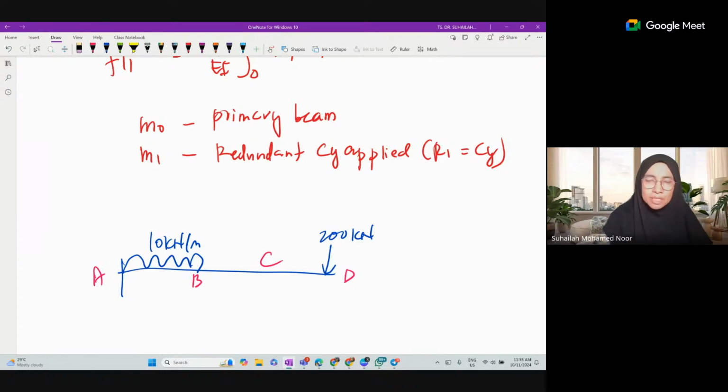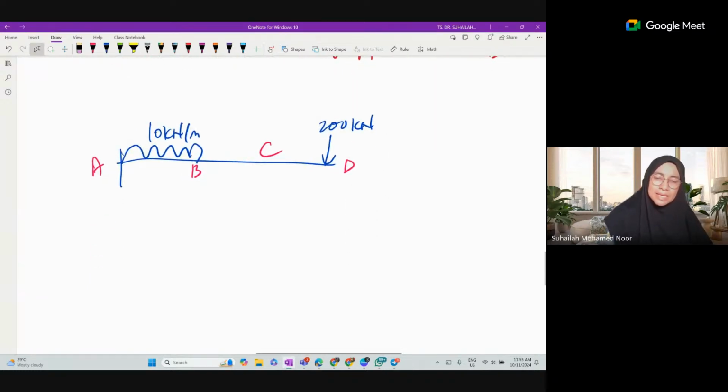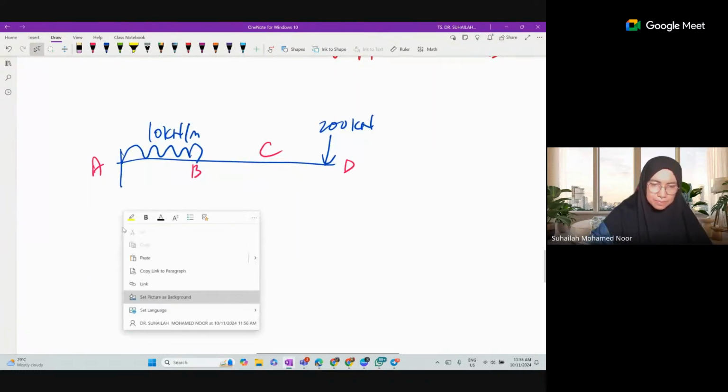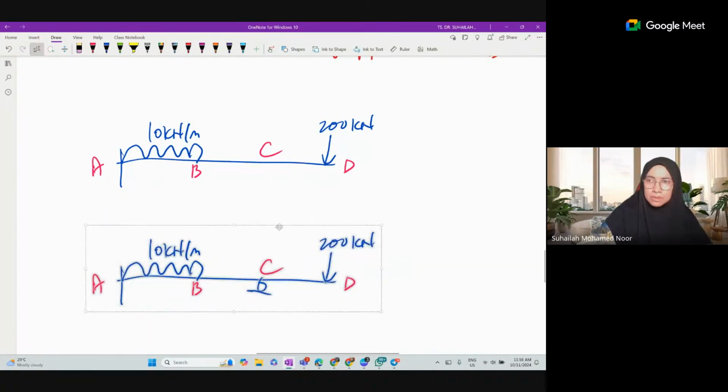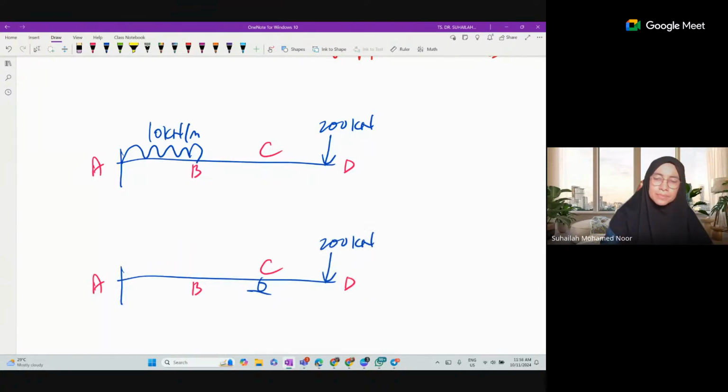So after removing Cy, it is a cantilever beam. And another one is the redundant Cy applied. In the redundant Cy applied, there is no external loading. At the roller at C, we put a unit value of Cy.